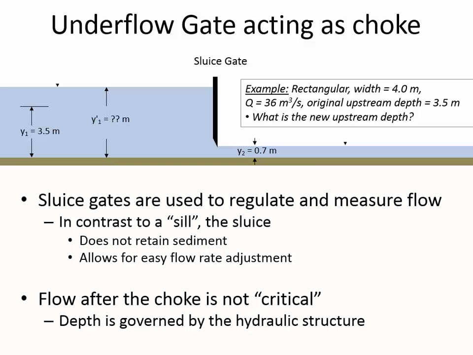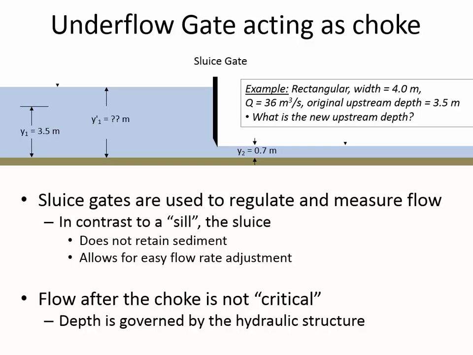So the question is, at 1, before that gate went into place, is there enough energy, or is there going to have to be pooling to have enough energy? So the original energy available before pooling, E1, is going to be y1 plus flow per unit width squared divided by 2g y1 squared.